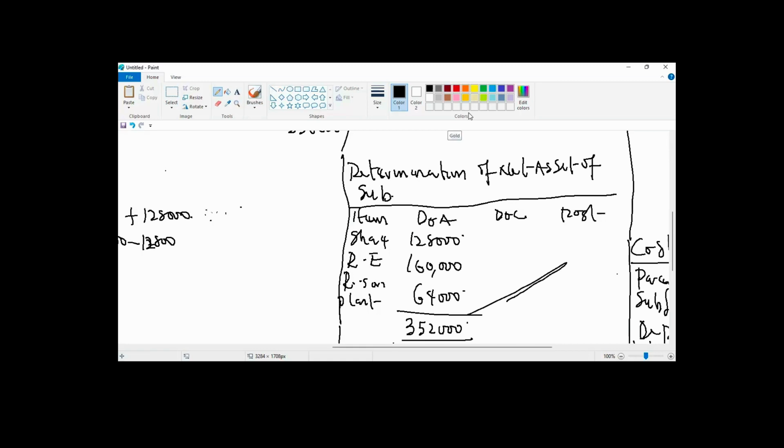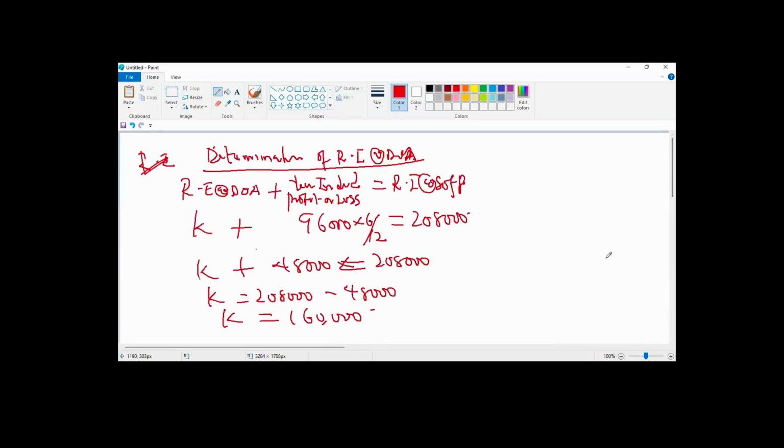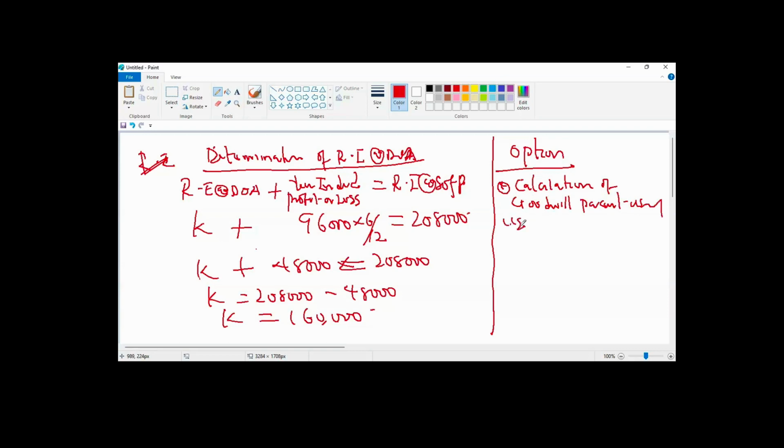He has given me goodwill attributed to NCI. I have two options to determine total goodwill. Option one: I will calculate the goodwill of the parent using the proportionate share method.